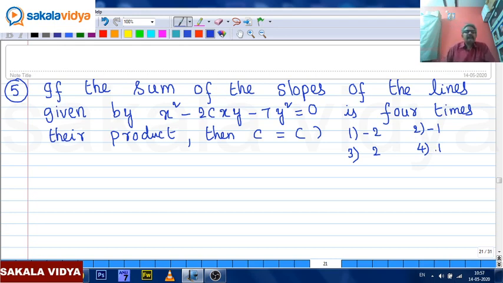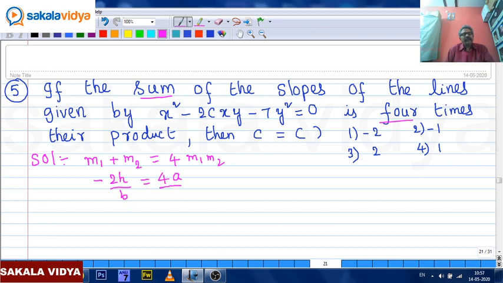Right. First, let me complete the fifth question, then I come to the third question. Don't worry. So now here, see the question. The sum of the slopes of the lines is 4 times the product. That means the sum of the slopes m1 plus m2 is equal to 4 times the product, 4 into m1 m2. This is minus 2h by b equal to 4a by b. This b gets cancelled.